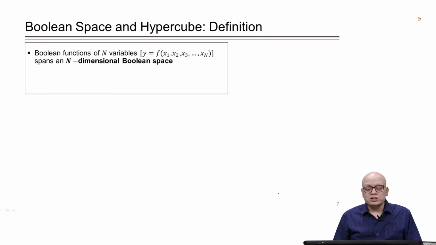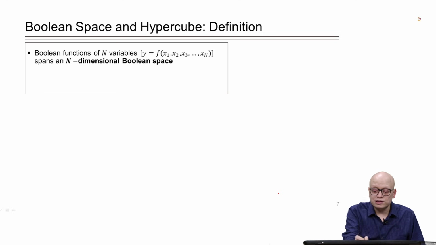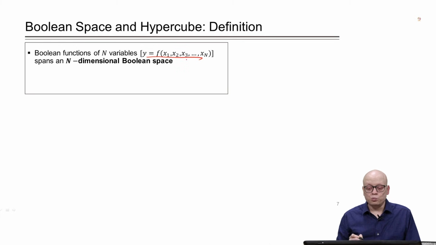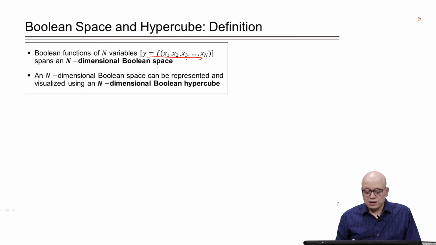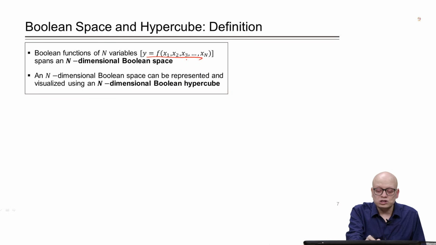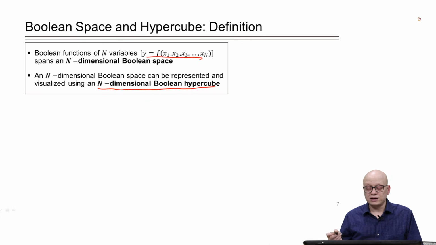Now, a Boolean function of n variables, y is equal to f(x1, x2, x3, ..., xn), spans an n-dimensional Boolean space, right, and an n-dimensional Boolean space can be represented and visualized using an n-dimensional Boolean hypercube. So, let us see what an n-dimensional Boolean hypercube is.